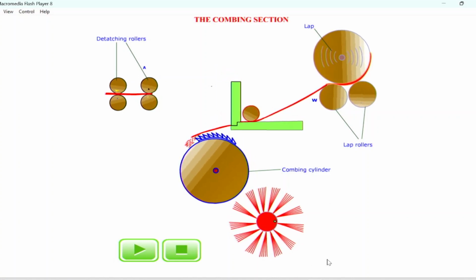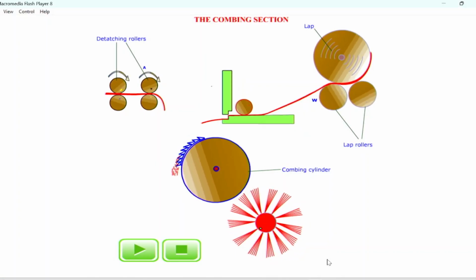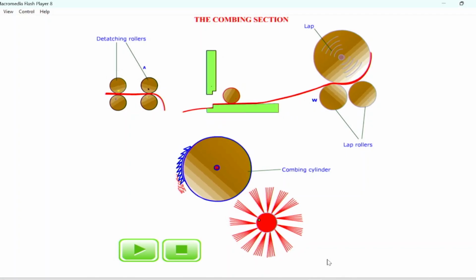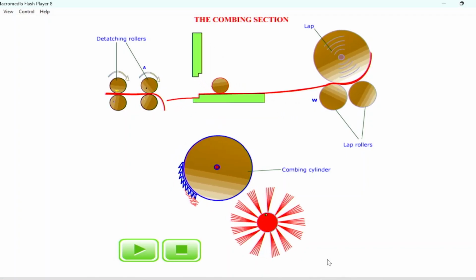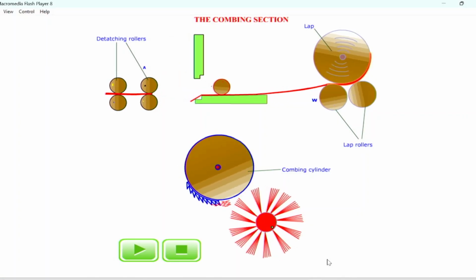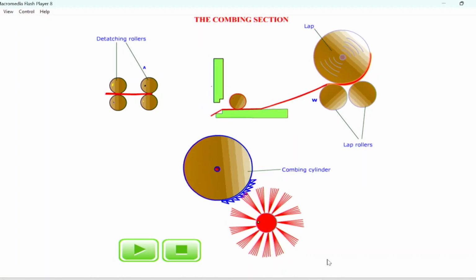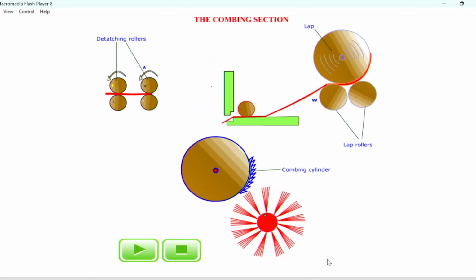Now, the leading portion is being combed by the cylinder comb. Now it is moving towards the detaching roller, and the overlapping is taking place. Now the nippers again close.